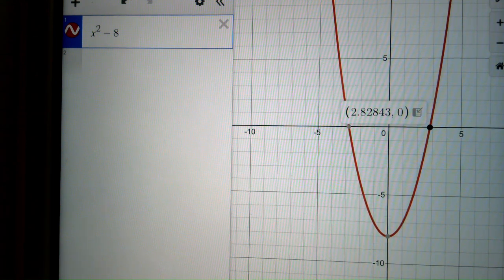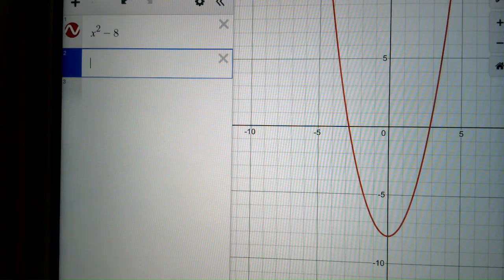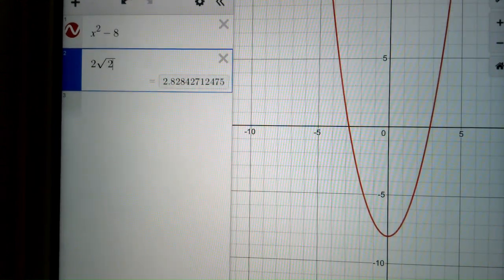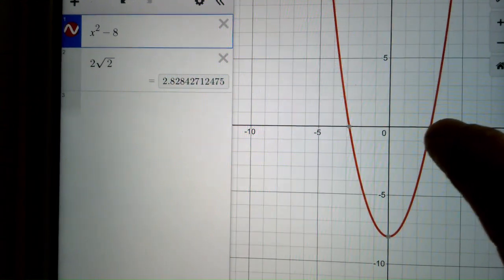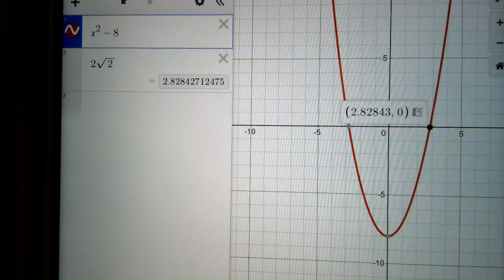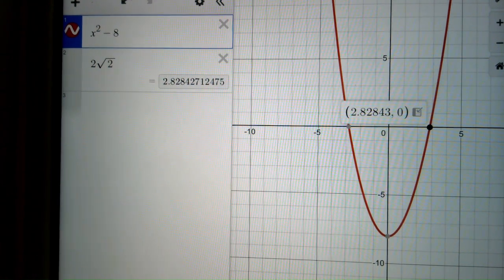Because it's an irrational number, it happens to be at 2 square roots of 2, in case you were curious. So 2.8 continuing on. Because it's irrational, we are not going to factor this down more, because normally when we're looking at prime numbers, we are looking at just making sure that we get things to integers.